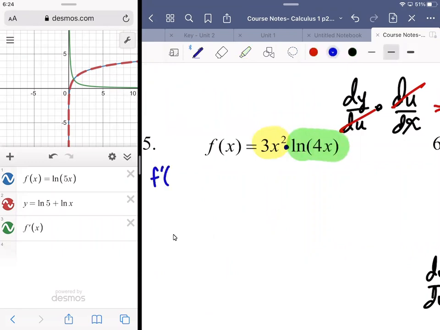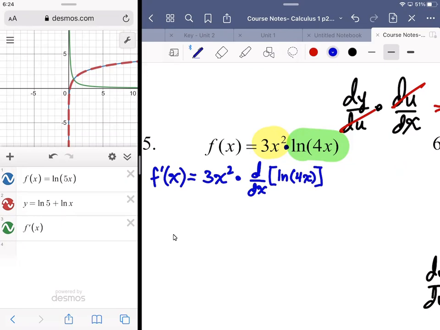F prime of x would be my first function as is, multiplied by the derivative of the second one. But what I'm going to do is write it in notation form. I'm going to write it as d dx of ln of 4x. The reason I'm doing it this way is so I can keep it straight, because I have to find derivatives within derivatives, so I don't want to confuse myself.